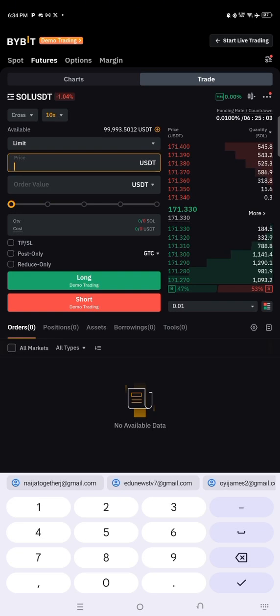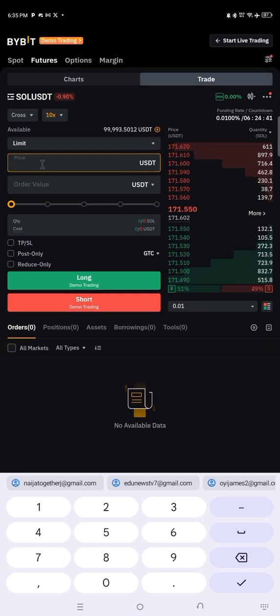A situation whereby you buy expecting the price to go up and the price keeps dropping, you'll be at a loss because it did not meet up with your prediction or your target. But in a situation whereby you short, expecting the price to come down, and the price continues to go up, you will also be at a loss.